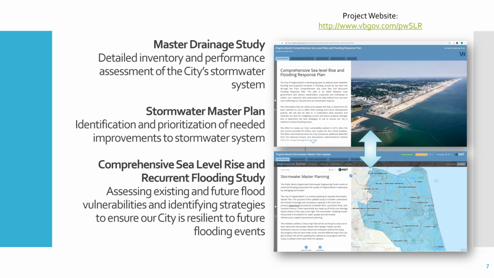Primarily, though, we're here to talk about the sea level rise and recurrent flooding study. We started that program back in 2015. In 5 years, we managed to put together our final adaptation strategy report. As Katie said from Charleston, we are calling it a report because if we name it a plan, not trying to work around our city council, but if it's a plan, then any adjustments to the plan have to go back to council for approval.